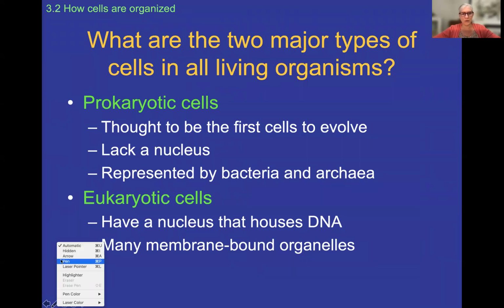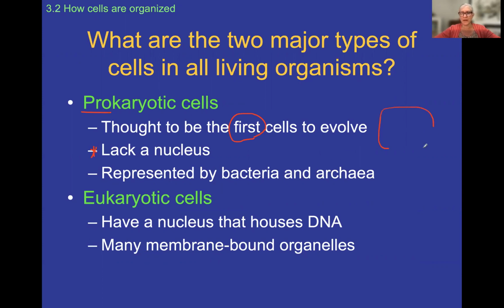Prokaryotic, think of pro as before or first, thought to be the first cells that existed. The key here is that prokaryotic cells do not have a nucleus. So they'll have a barrier, a membrane, but the material inside is randomly organized. There is not going to be a specific nucleus.